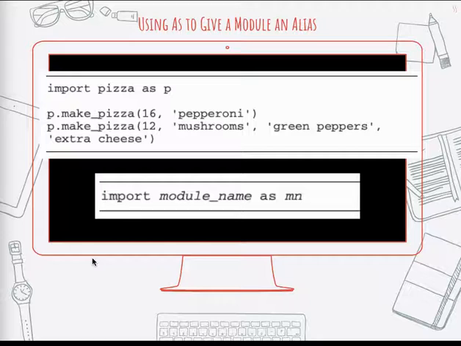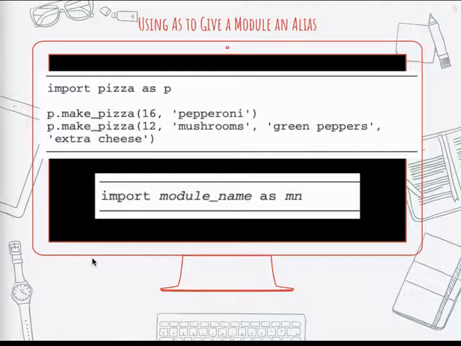You can also provide an alias for a module name. Giving a module a short alias like p for pizza allows you to call the module's functions more quickly. Calling p.makePizza is more concise than calling pizza.makePizza. The module pizza is given the alias p in the import statement, but all of the module's functions retain their original names.